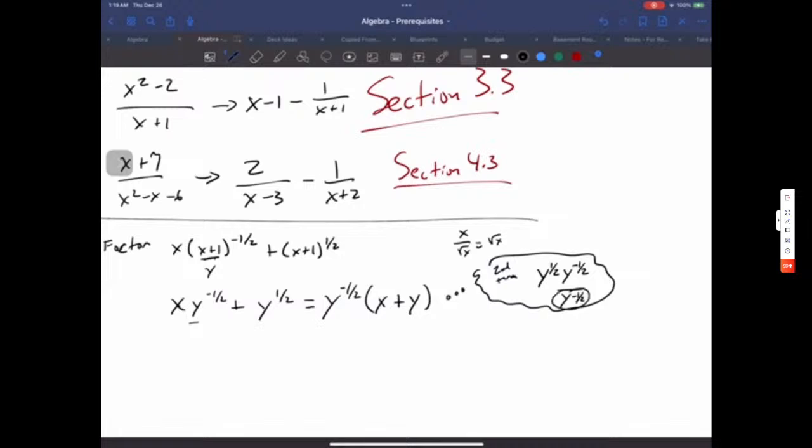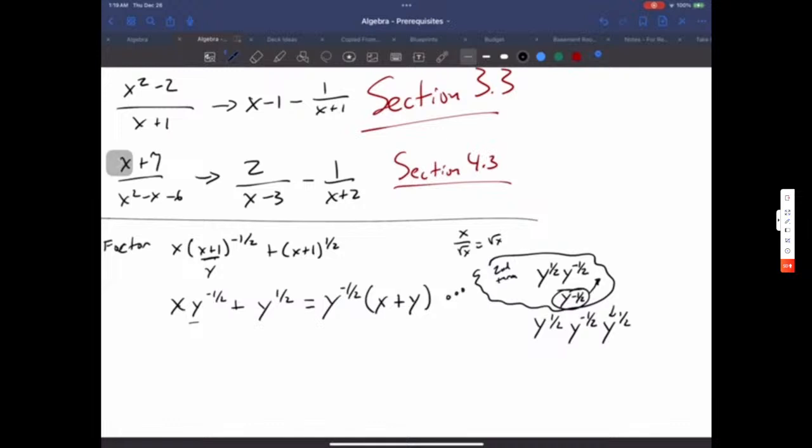This guy is going to come to the top, because a negative exponent in the denominator is going to move as a positive exponent in the numerator. So you have y to the 1/2 times y to the negative 1/2 times y to the 1/2 again, because this guy migrated up here.